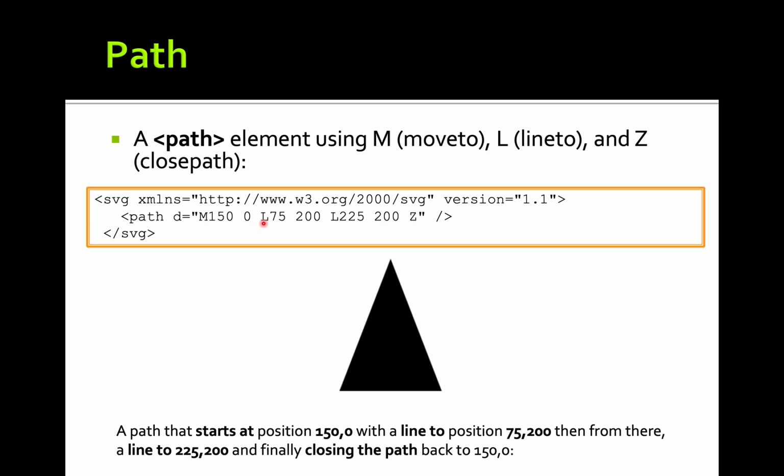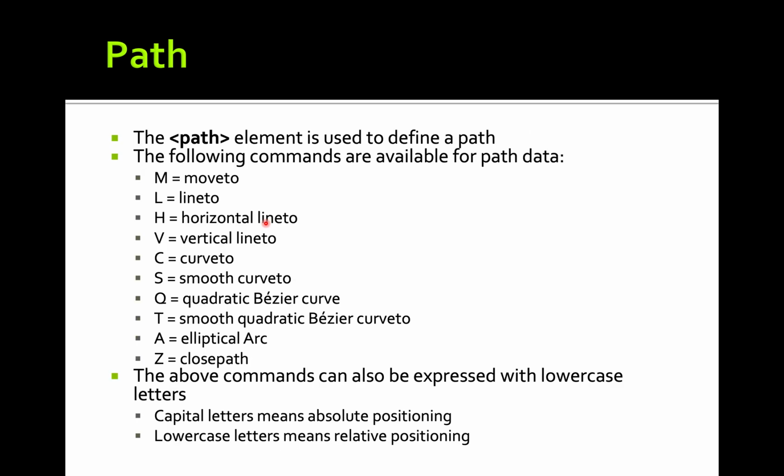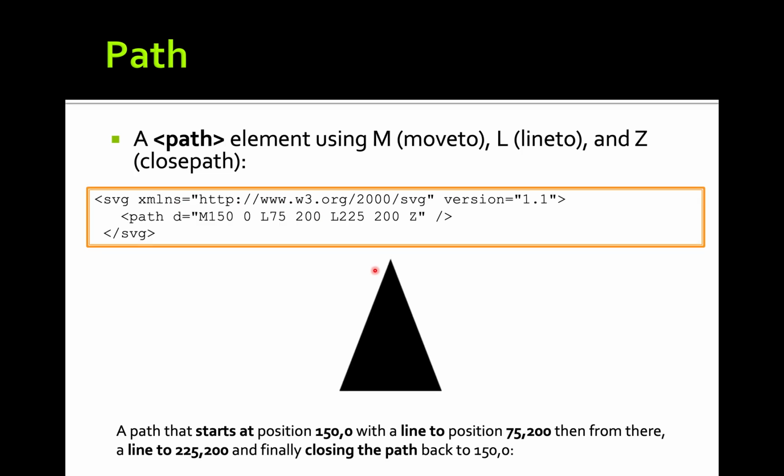Then we want to draw a line, L, line to. So we come to that specific point, which is 150, 0, and then we draw a line to 75, 200. From 150 we go back to 75 in the x direction, and in the y direction we move to 200.